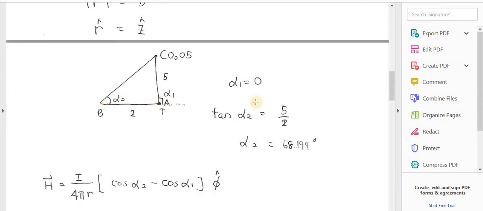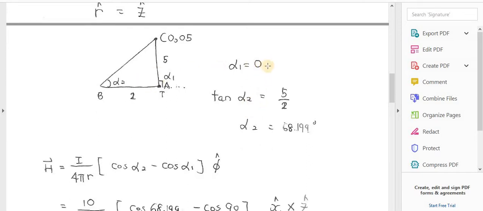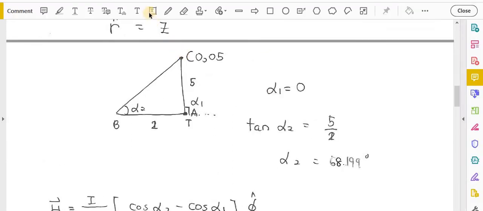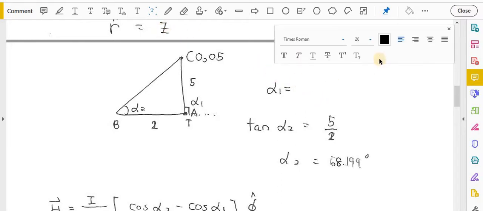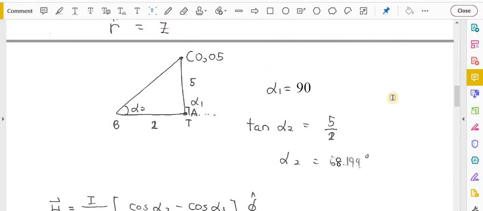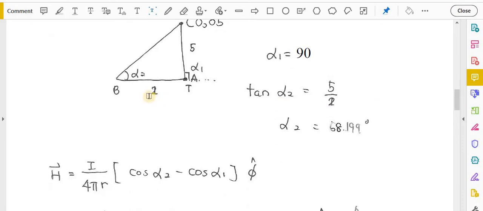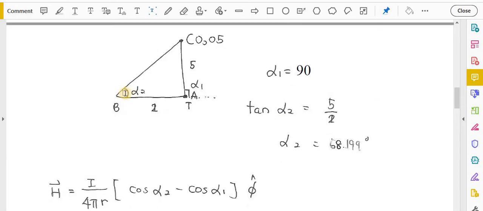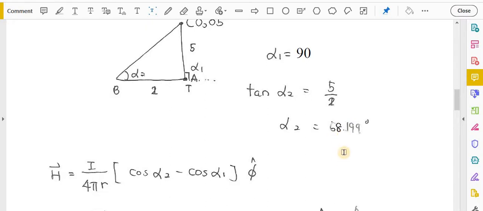For alpha 1, it should be 90 degrees, so I will correct it, 90 degrees here. For alpha 2, you use the tangent, which is 5 over 2, and you get 68.199 degrees as your angle for alpha 2.